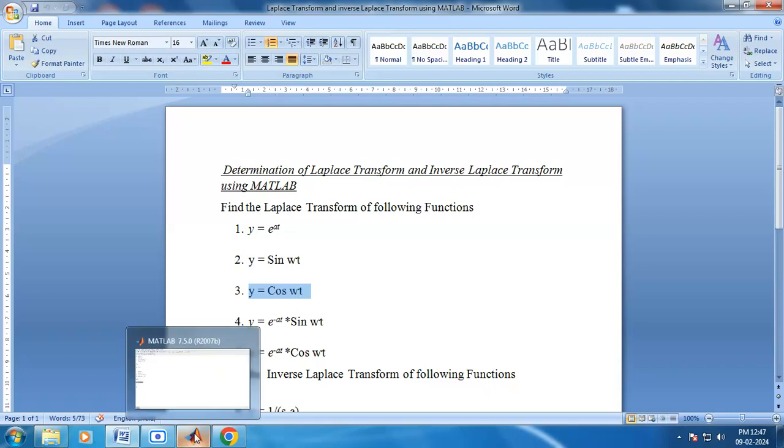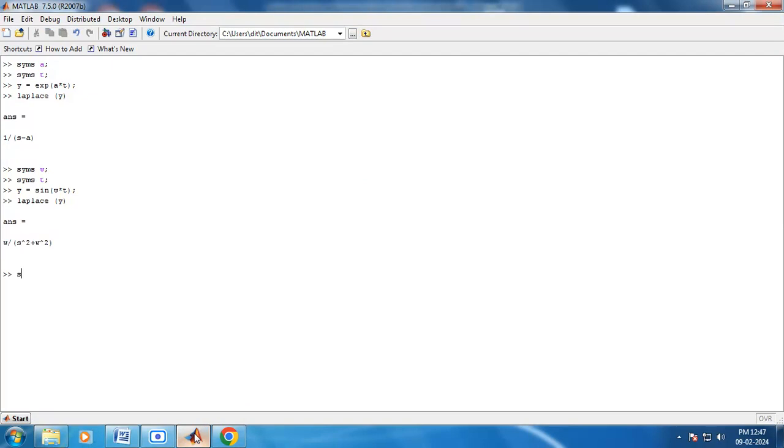So define the variables omega and t: syms omega, semicolon, syms t, semicolon, the variable y equal to cos omega into t. Okay, if we don't put the semicolon, the result will be shown. So we have to put the semicolon.